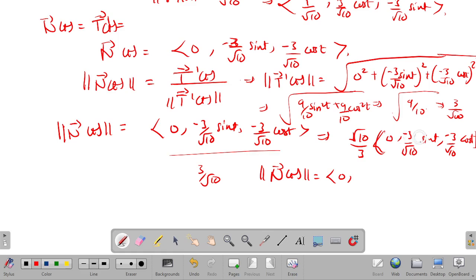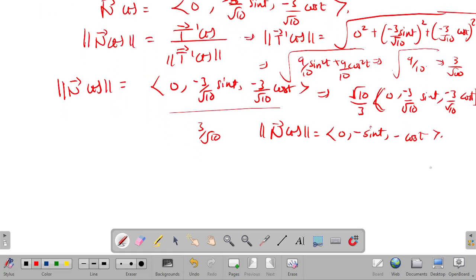Then for the second one, the root 10 will cancel and we have negative, and the 3 cancels too, so we get negative 1 times sine t, so negative sine t. Then this will also multiply cos t.